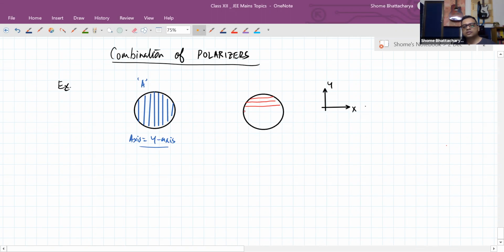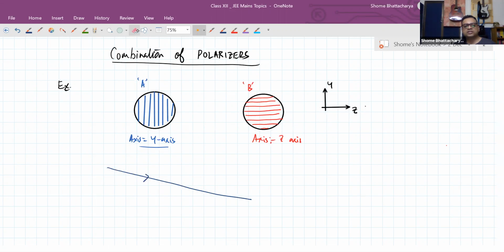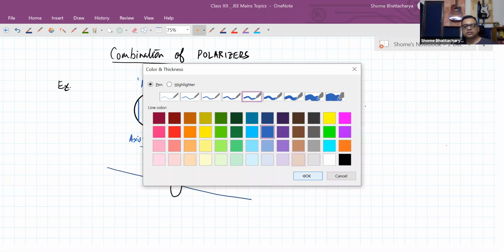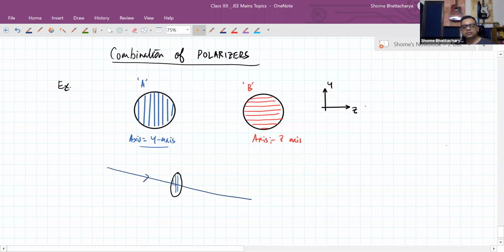I'll change my system of axes. This is the z-axis. So my Polaroid filter B has the axis as the z-axis. Now what happens if I take a beam of light and in its path I put these in series?